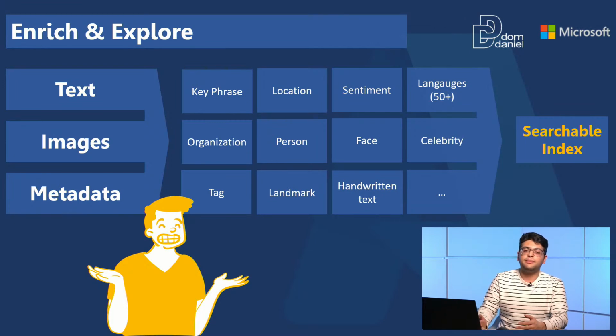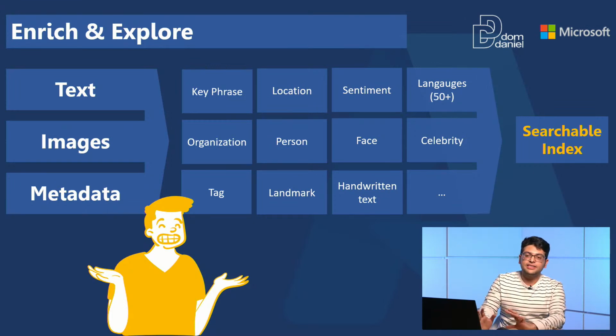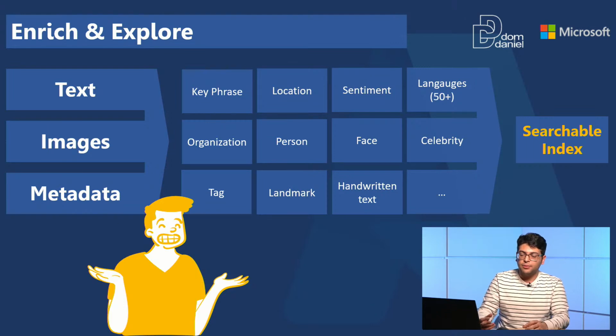You can extract key people in the documents, some important faces or celebrities, and handwritten text. And all this goes into a searchable index where you can extract this information using REST API JSON format, and you basically can build upon this.